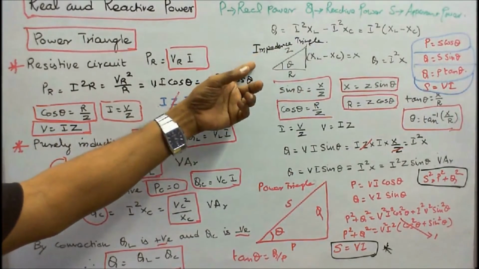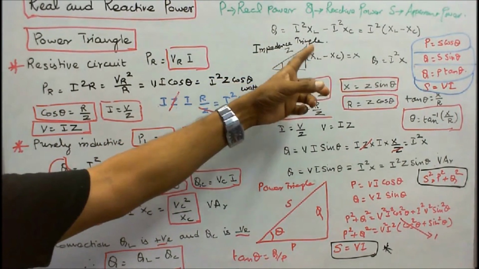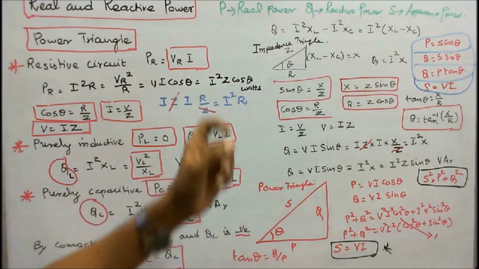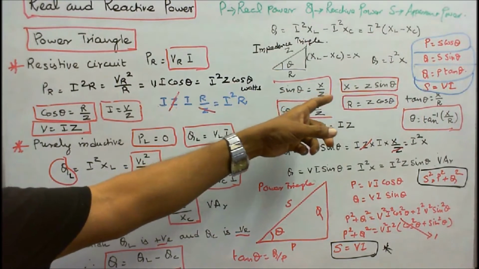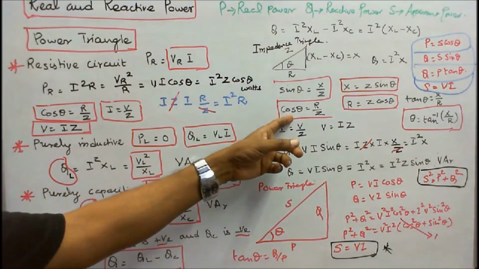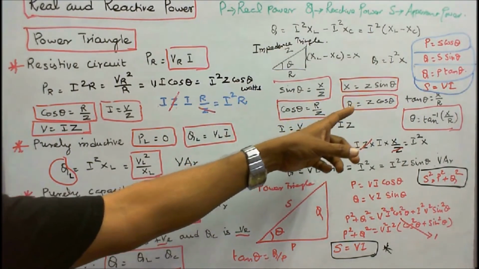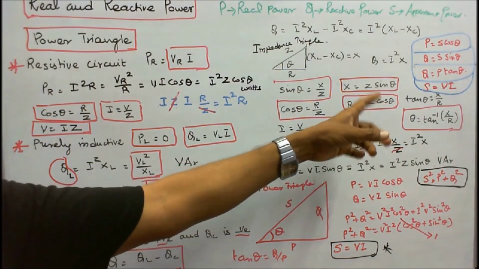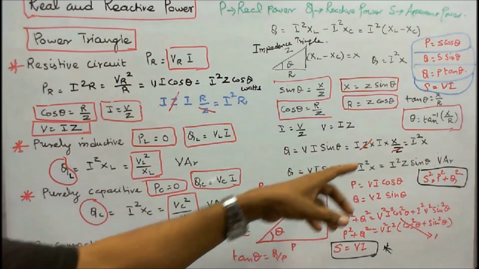Here this is an impedance triangle, this is R, this is XL minus XC, that is equal to X, this is Z. Sin theta is equal to X by Z, X is equal to Z into sin theta. Cos theta is equal to R by Z, R is equal to Z into cos theta. Tan theta is equal to X by R, theta is equal to tan inverse of X by R.